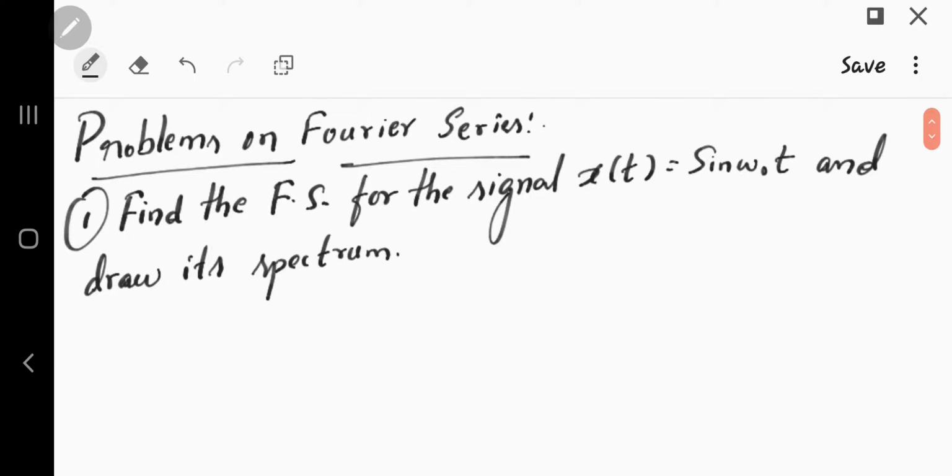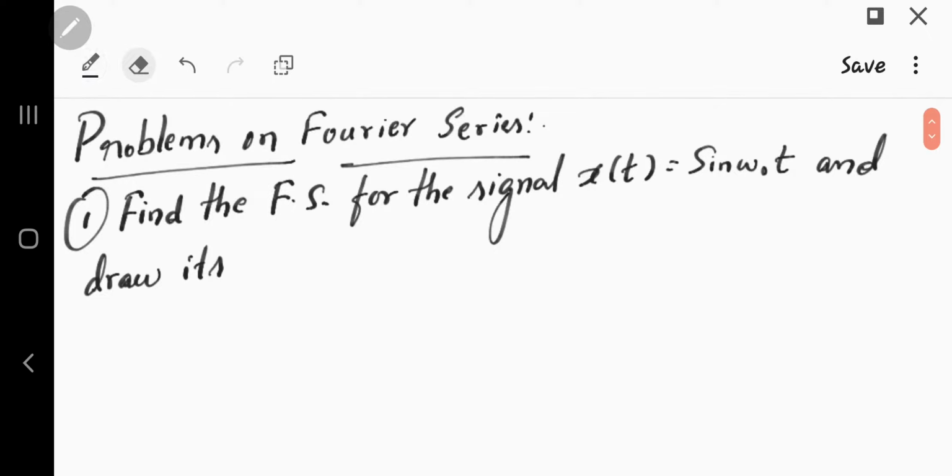Now in this video I'll take some basic problems on Fourier series, and here we will deal with different kinds of signals and how to plot their magnitude and phase spectrum. So there is a problem given.